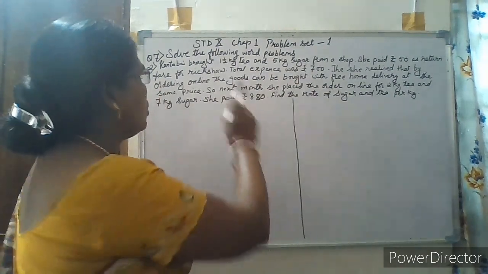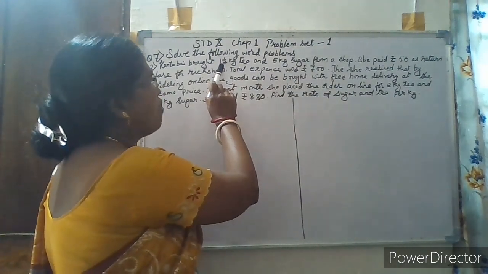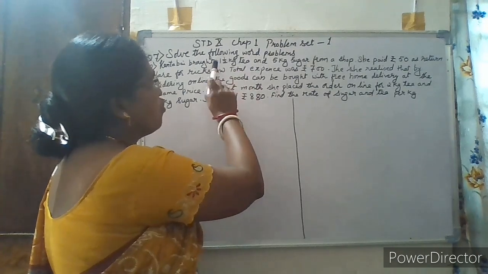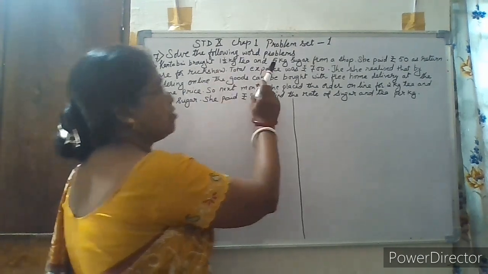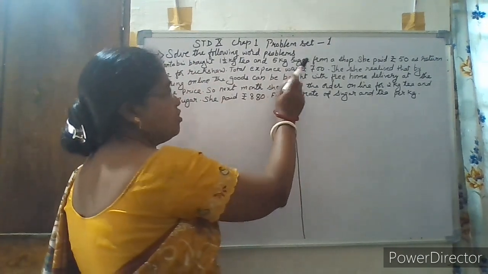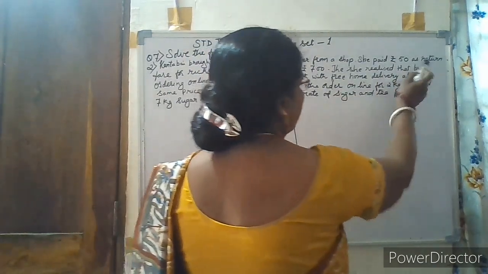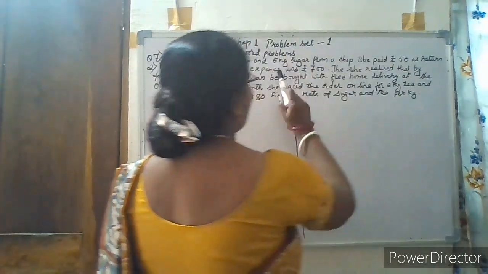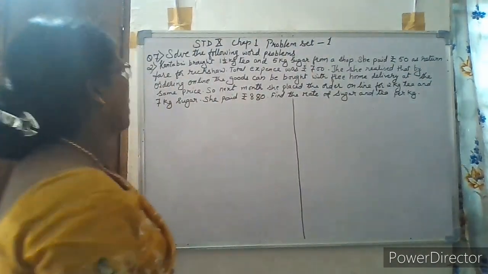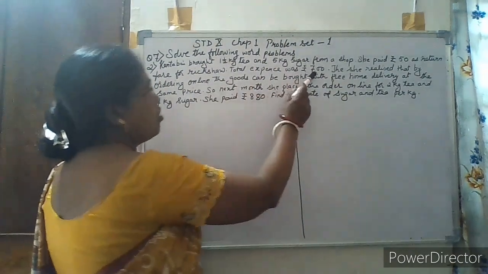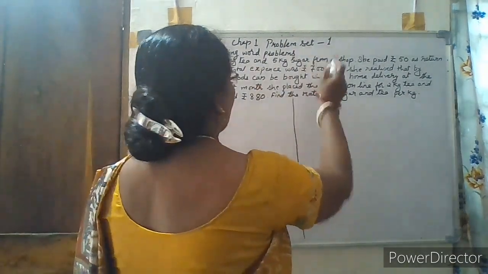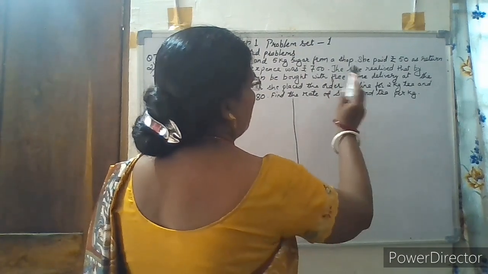Means the cost of 1.5 kg tea plus cost of 5 kg sugar plus the return fare, total together she has spent 700 rupees. This is condition 1.